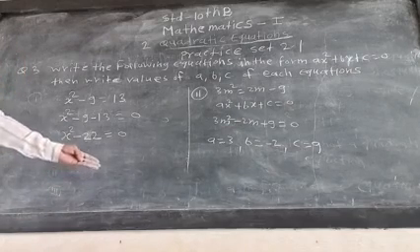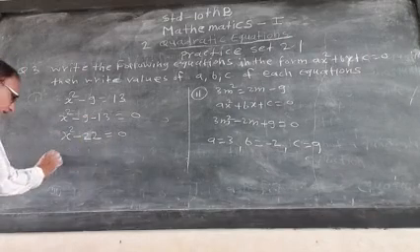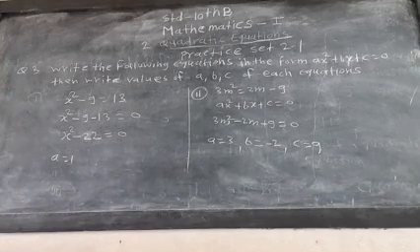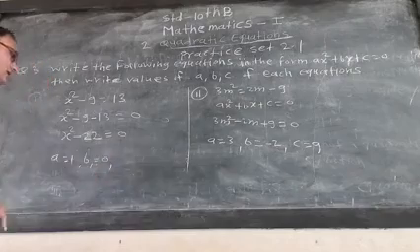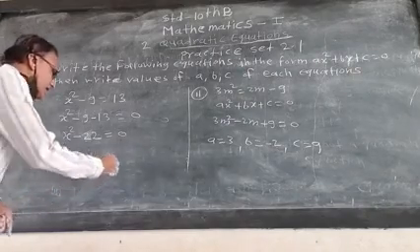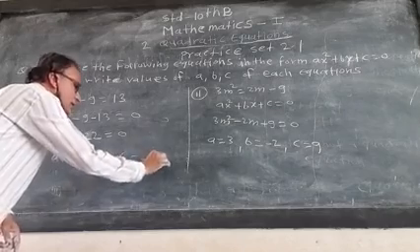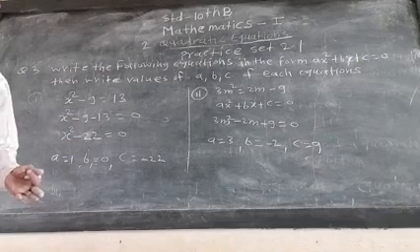So write down the values of a, b and c. a equals the coefficient of x square, 1. b is not given, so b equals 0. And c equals the constant number, c equals minus 39. Do you understand? All of you know?